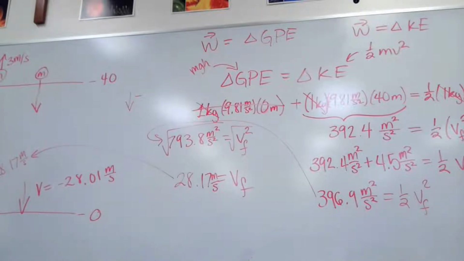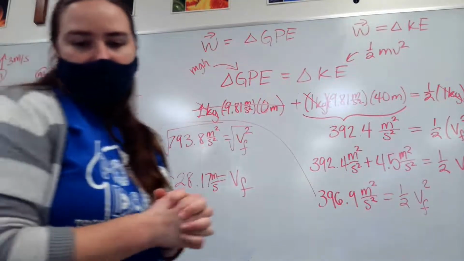The change in kinetic energy, therefore, also has to be the same. Okay? So the reason why this one ends up hitting the ground with a smaller velocity than this one is because it started out with a smaller velocity. So to get the same change in kinetic energy, we have to have a smaller ending velocity as well. Does that make sense? Yeah? Any questions? You guys are good? Okay. Cool.